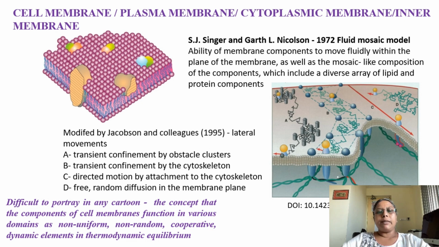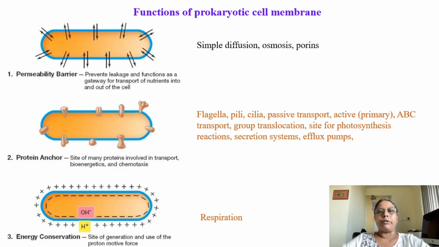So moving on with this understanding of the updated cell membrane model, we will delve a little bit more into the functions of the cytoplasmic membrane in bacteria. Like the cell membranes in eukaryotes, the cytoplasmic membranes in prokaryotes function as a permeability barrier.